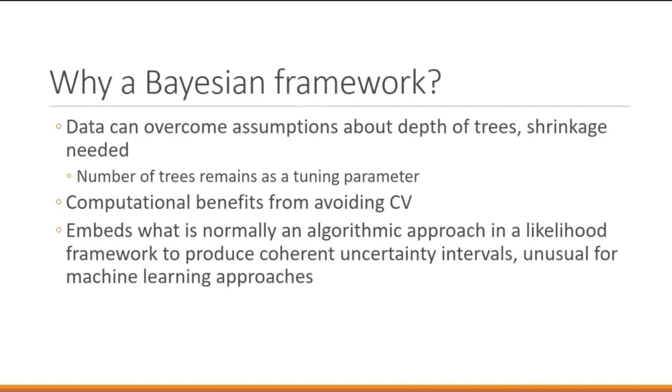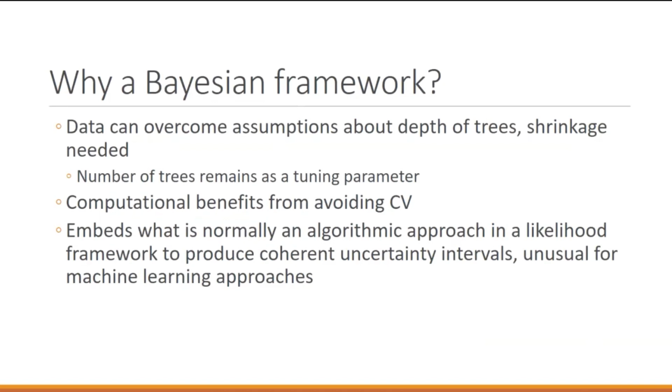Whereas, for instance, in boosted regression trees, you might say that I'm going to have trees no deeper than 3 splits, and even if the data suggests that it needs to go deeper, it can't happen.